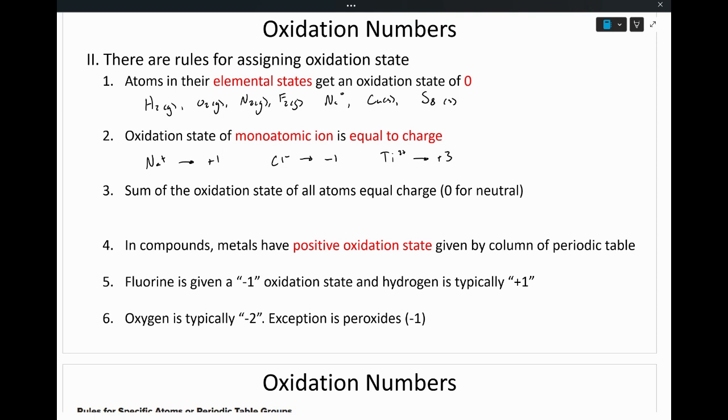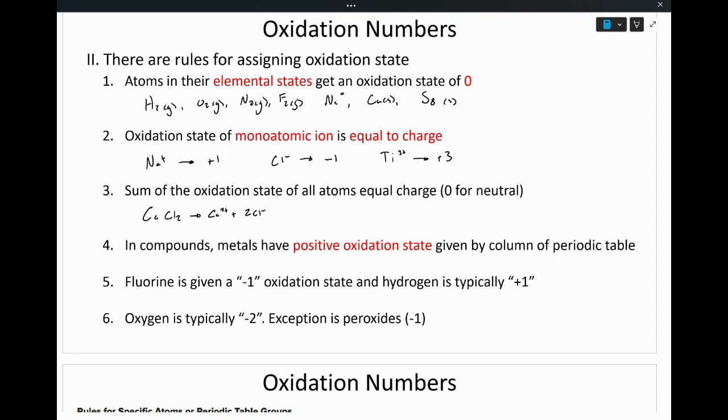Rule 3 is here because we follow it early, but we're going to use rules 4, 5, 6 to verify rule 3. But it says that the sum of oxidation states of all atoms equals the charge. So if you have something like calcium chloride, when this breaks up into ions, this is calcium 2+ and 2 Cl-. And right off the bat, we can see that these are two monoatomic ions.